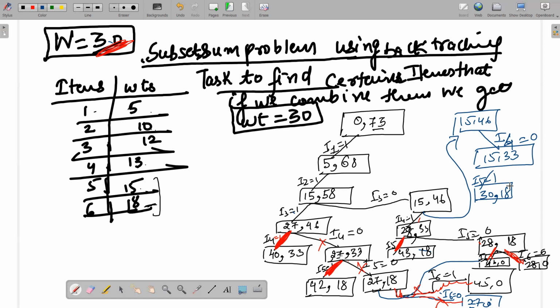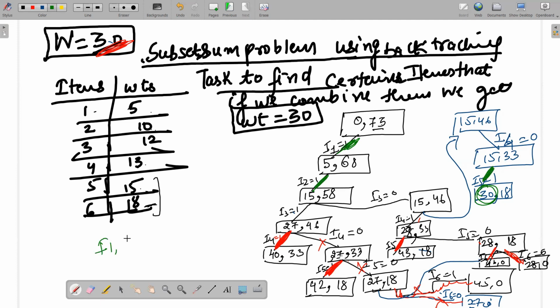So guys, if you see this whole particular option, we got 30, which is the desired answer that we wanted. That combination of items will get this. So it means item 1 is included over here, item 2 is included over here, and we got the answer with item 5 also included.